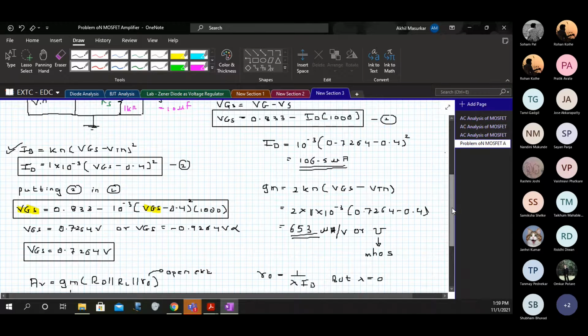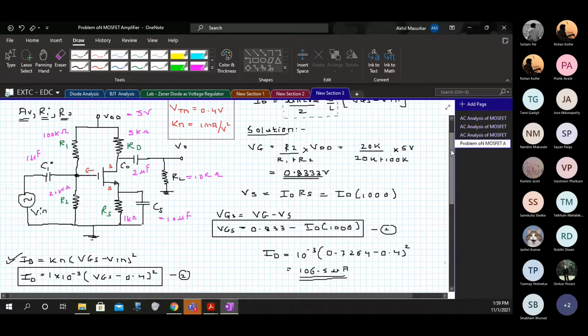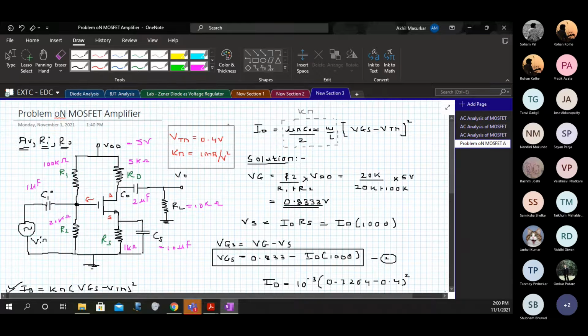Now in the same problem, in the lab we will be doing this. Lambda is not given to us, we assumed it to be 0. Now if lambda is given to us, let's say 0.05, then what will happen?